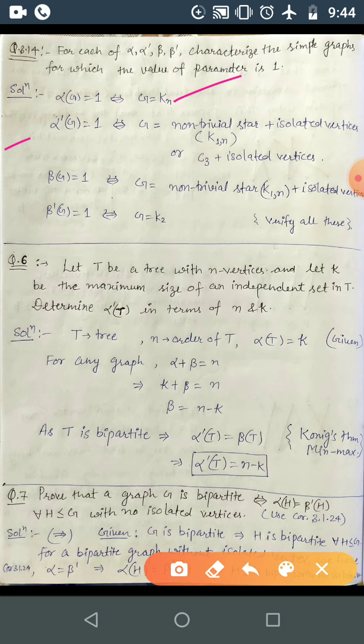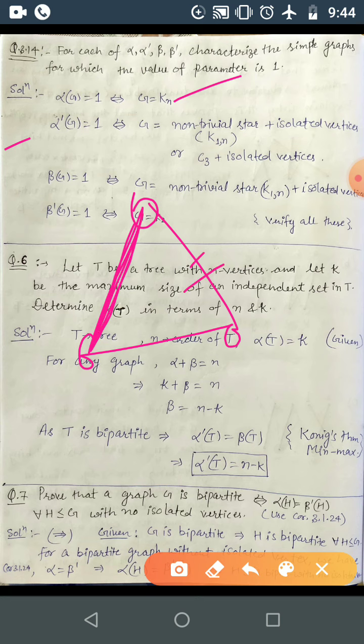So maximum matching cardinality is 1 means, like C3 we have discussed, we have only one edge which is independent, maximum, no other edge.